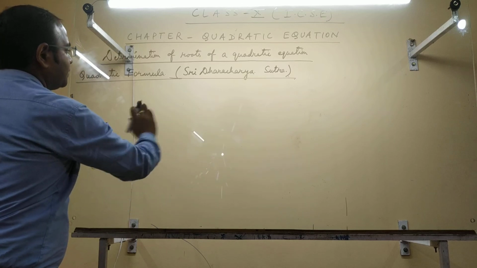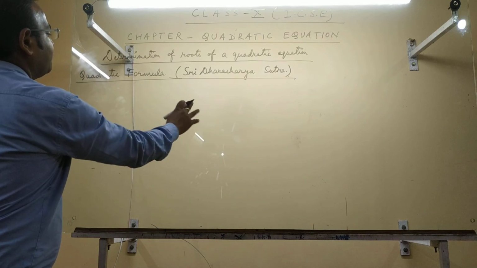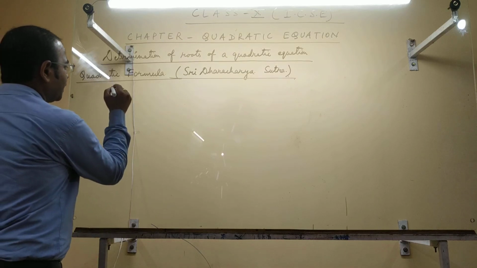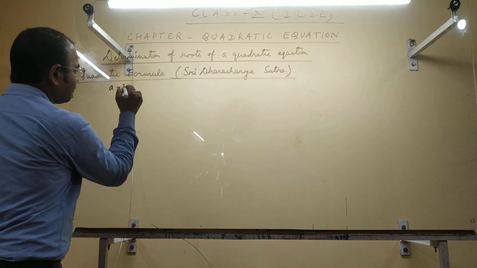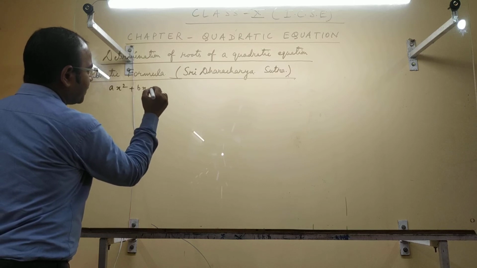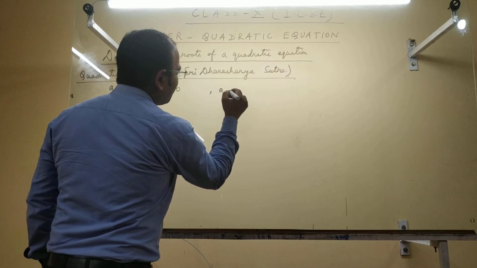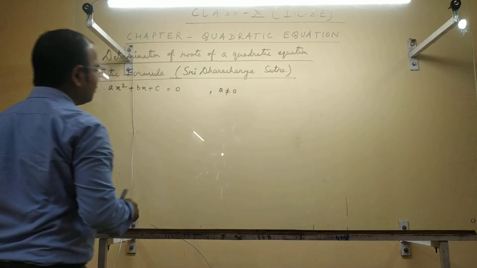So let us derive this formula. To derive this formula, let us assume a standard quadratic equation ax square plus bx plus c is equal to 0. Let us mention once again here that a is not equal to 0.